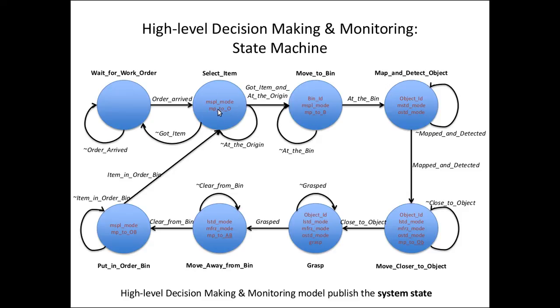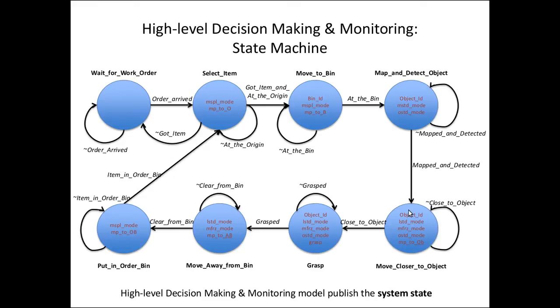But when the item is left in the order bin, the state machine can then move back to the select item state, and the next item of the work order will be selected as soon as the arm is at the origin. The state machine receives this information that the arm is at the origin and has the item that it needs to pick up.